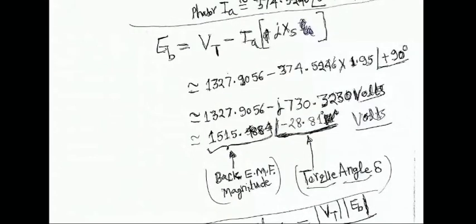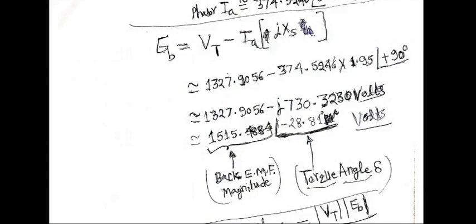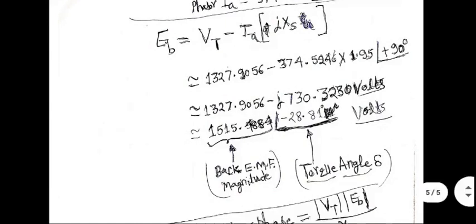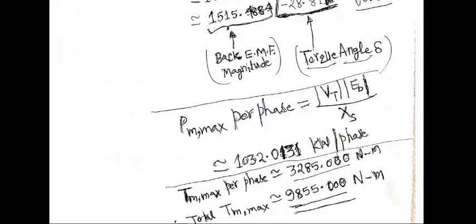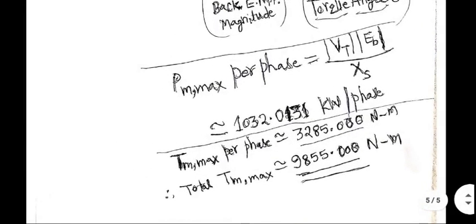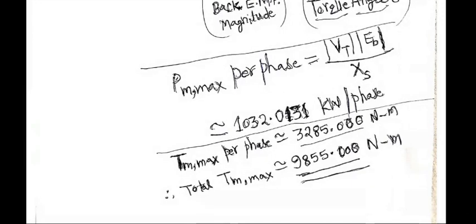Back EMF turns out to be 15 point something volts with a torque angle or power angle equal to minus 28.81 degrees. And then, of course, maximum torque, you know this equation very well. So plug in all the values. Actually, you first calculate maximum power, and from there you calculate the maximum torque. It turns out to be 9855 point something Newton meter for the three phases. For one phase, it is one third of that.